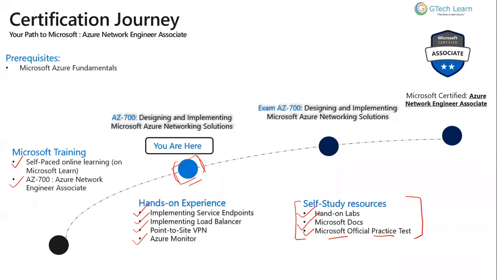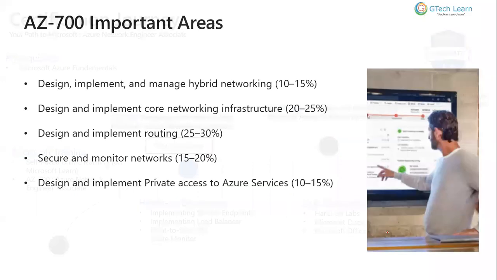All right. Moving ahead and talking about the important areas we need to cover and complete in AZ-700 in order to successfully crack the examination: the entire AZ-700 is divided into 5 different important areas, as you can see on the screen.